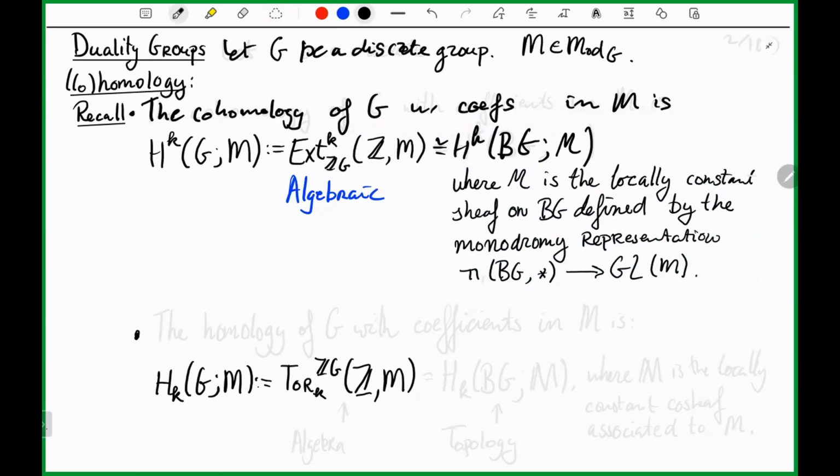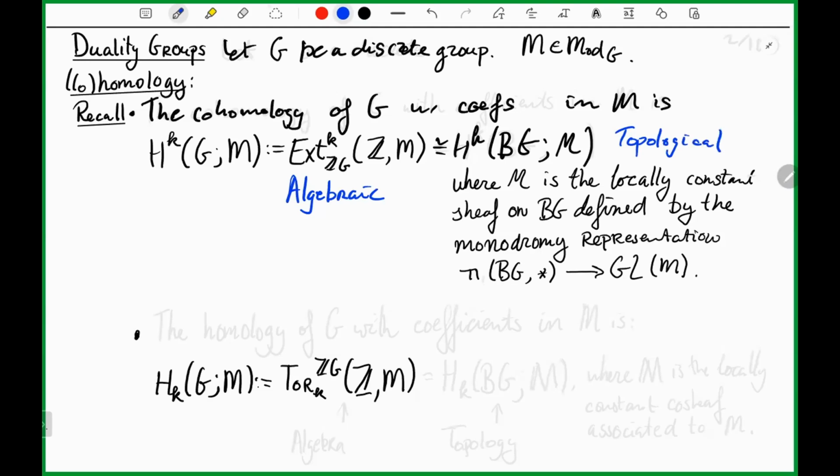So you can pass between the algebraic description and the topological description by doing this. So this is topological.